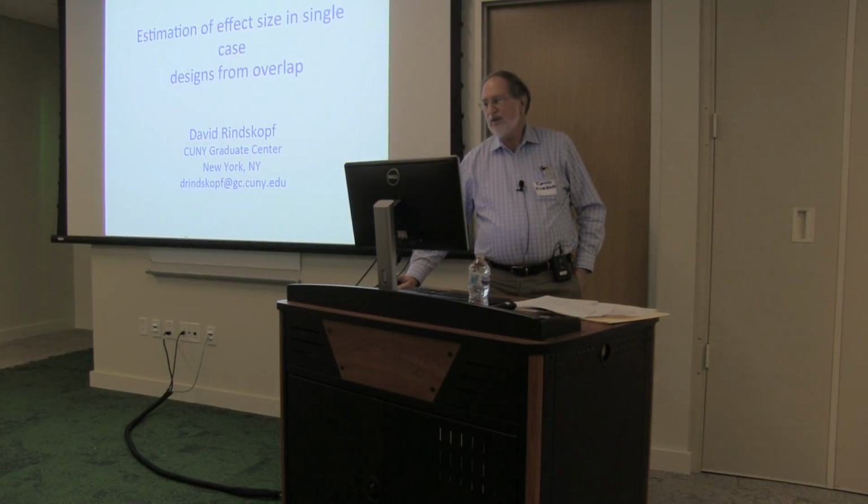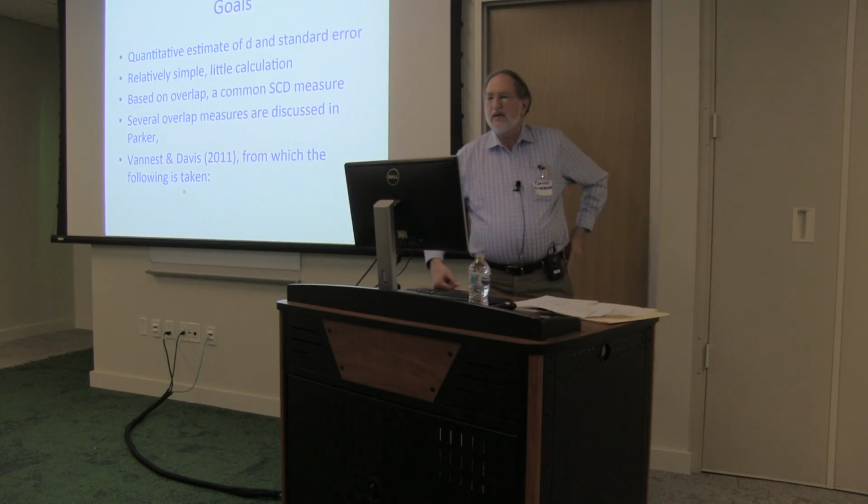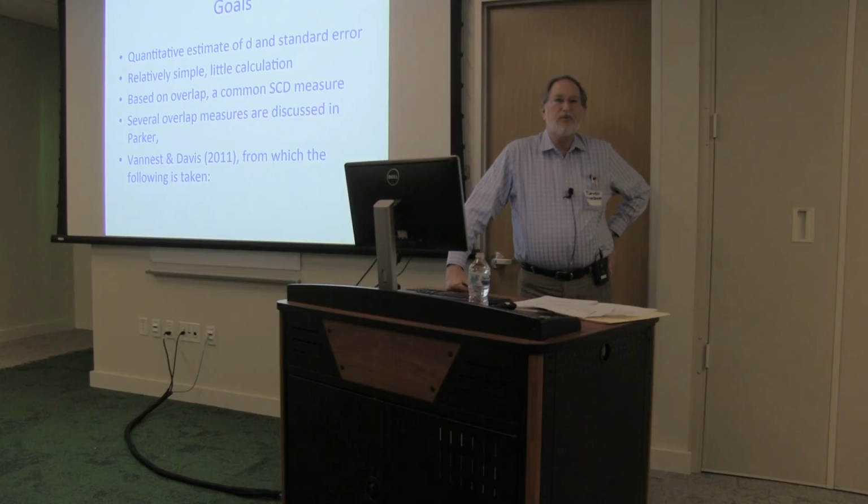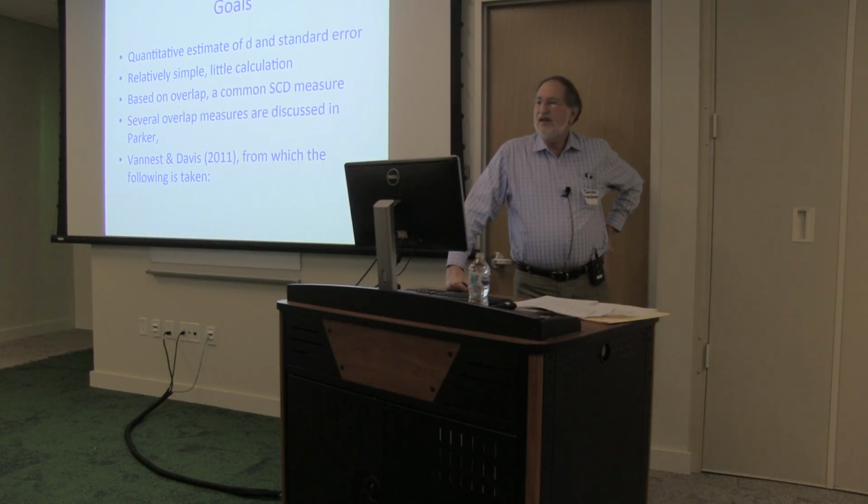So what I wanted to do in this is to get a quantitative estimate that's comparable to that standardized effect size D. And something else which you probably don't see in many of these. Does anybody remember in reading this article, did they talk about the standard error of any of the effect sizes and a confidence interval for them? There's not much in there about standard errors and confidence intervals.